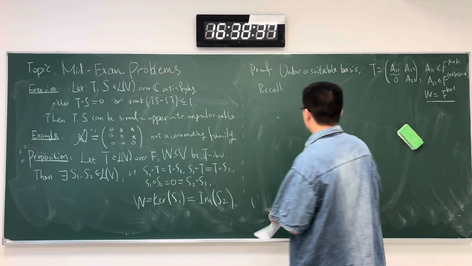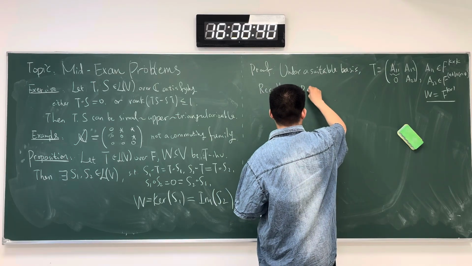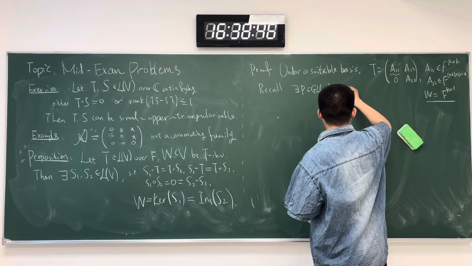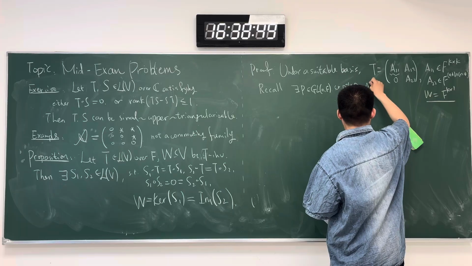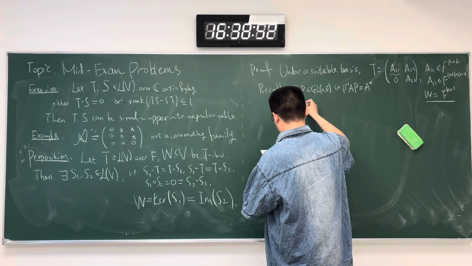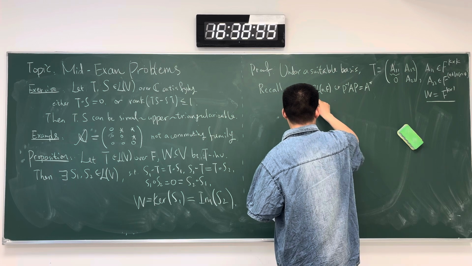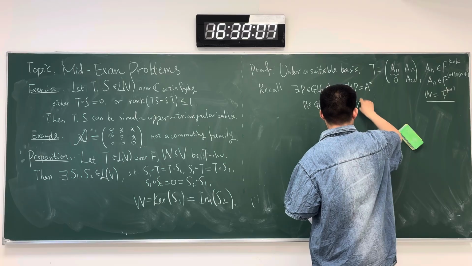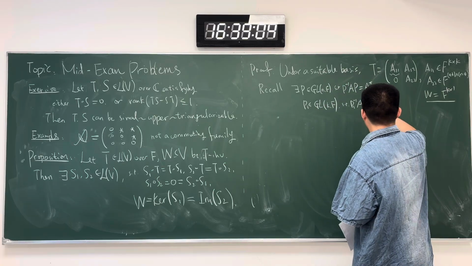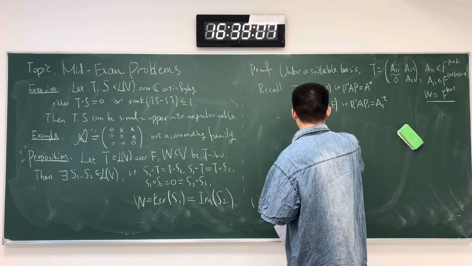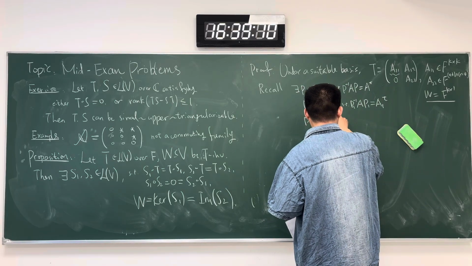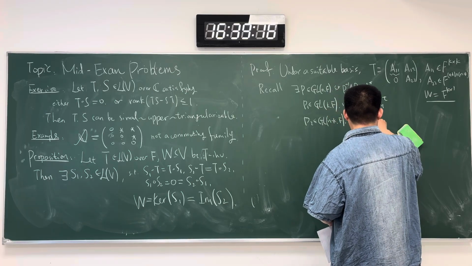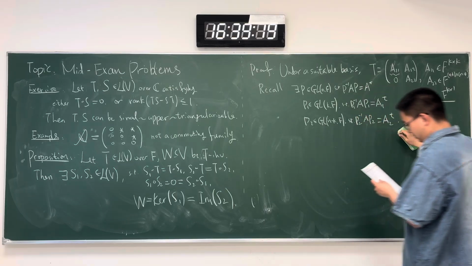Say there exists P in GL(N, F) such that P inverse A P equals A transpose, and also P1 in GL(K, F) such that P1 inverse A11 P1 is A11 transpose, and P2 in GL(N minus K, F) such that P2 inverse A22 P2 equals A22 transpose.